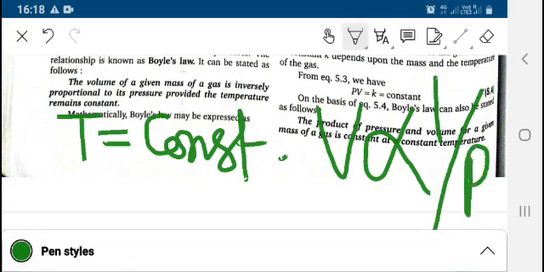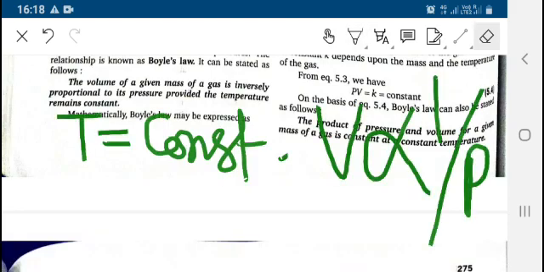It means if you are increasing the pressure, volume will decrease, and if you are decreasing the pressure, volume will increase. This is the relation for Boyle's law.